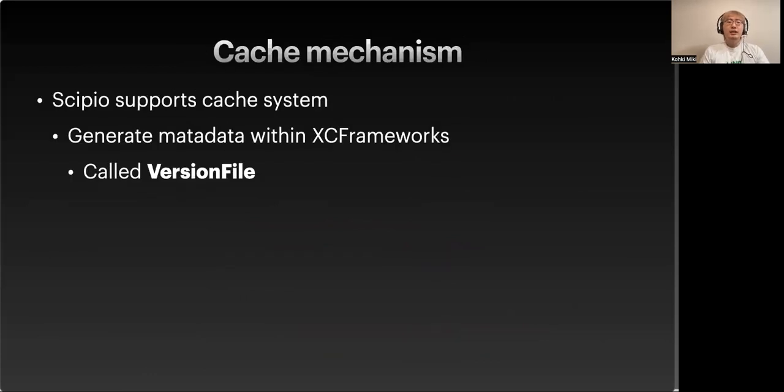Scipio not only generates packages but also has a cache system. This system prevents a package that has been built from being built again. To achieve this, metadata files are generated when frameworks are built. It's called a version file. This mechanism is inspired by Carthage.